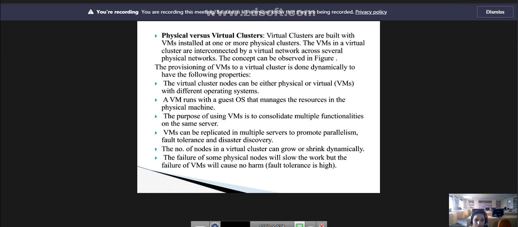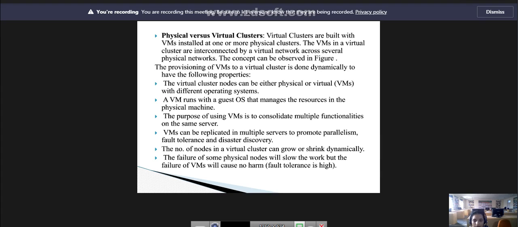The size of the virtual cluster can grow and shrink dynamically, and virtual machines can be replicated in multiple servers for the purpose of distributing parallelism, fault tolerance and disaster recovery.